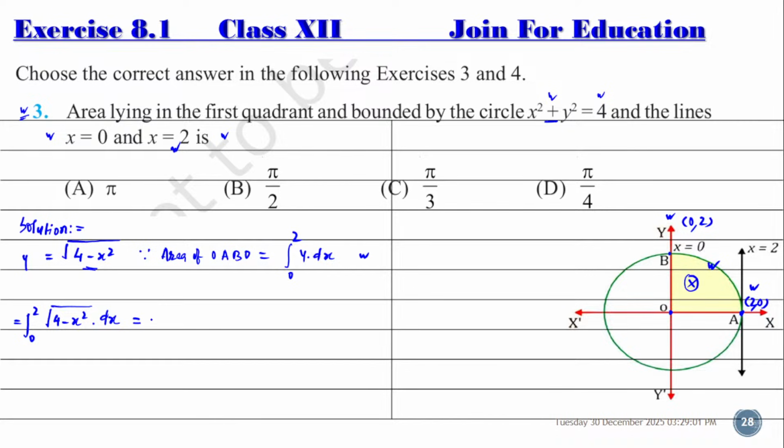So the integration of this one will be, we write down here x by 2 into square root of 4 minus x square plus a square, it means that 4 by 2 into sine inverse x by 2.